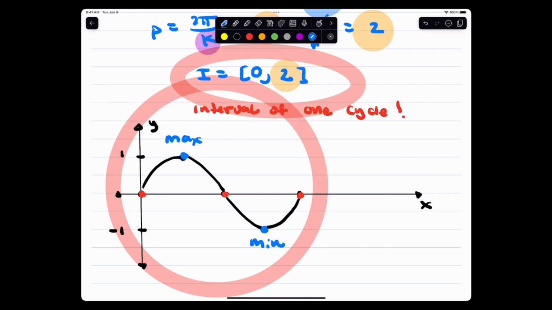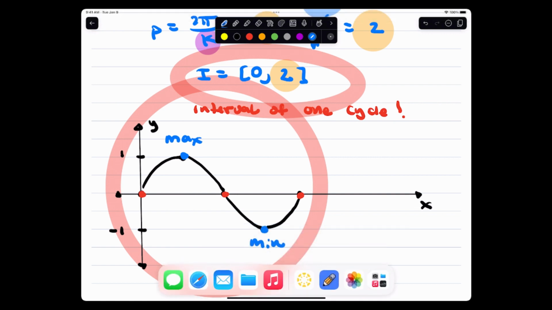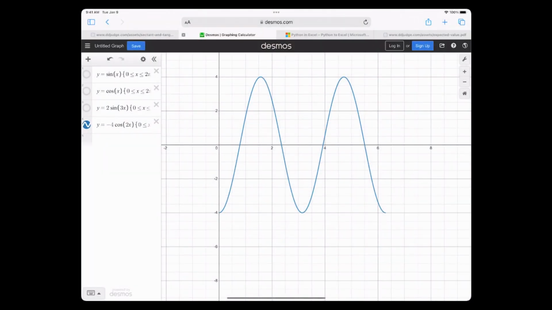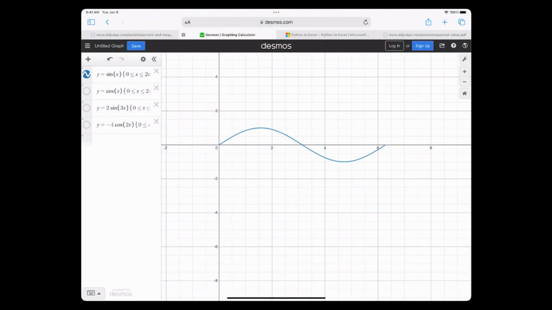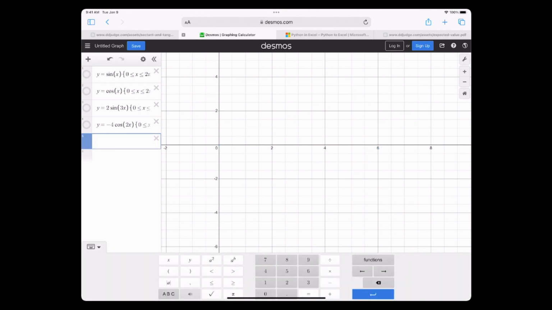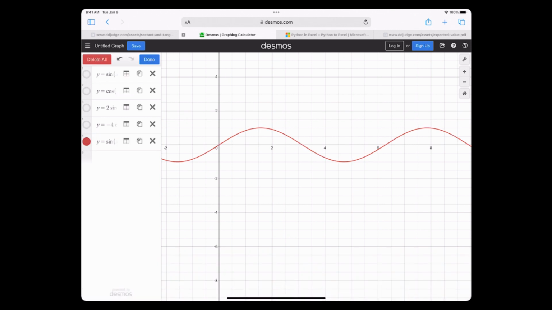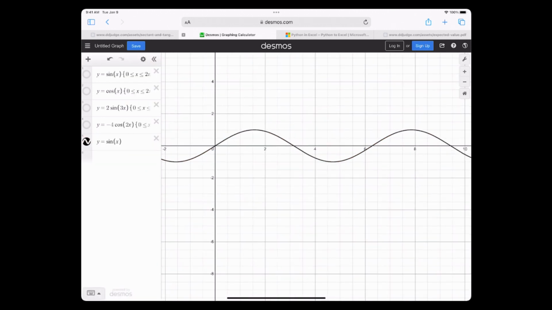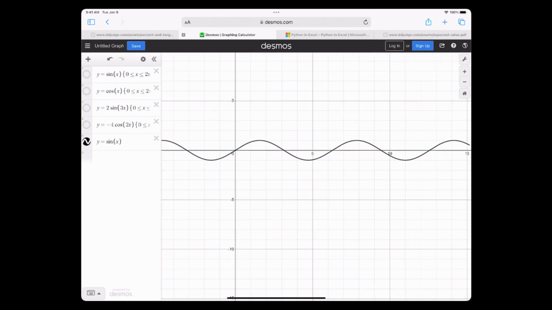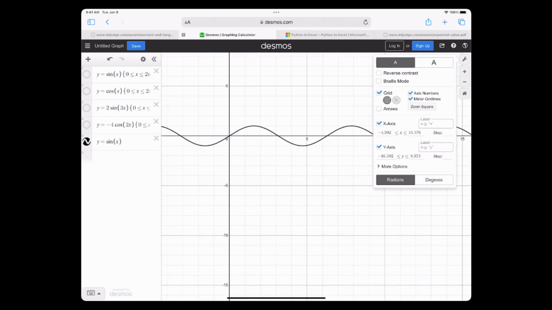Now, if I go back to Desmos and say, well, how does sine really look again? Generally speaking, any sine curve, okay, Desmos, right up here, we did that. I'm going to change that color. And you're kind of looking at sine in general.